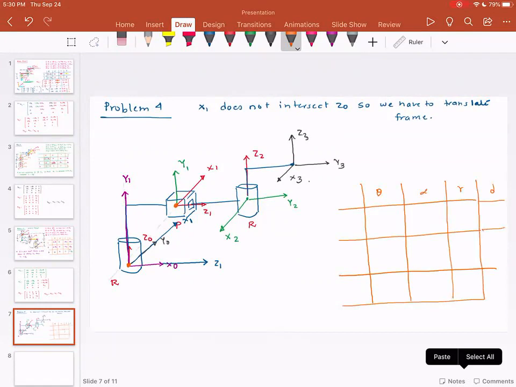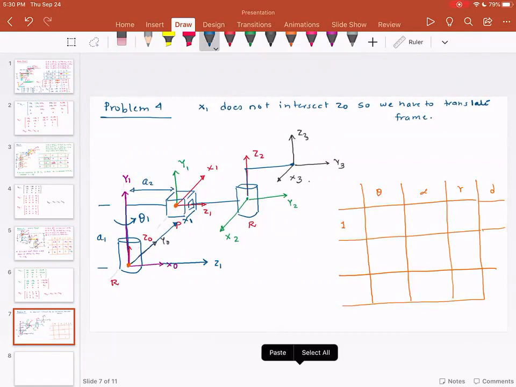Now here, let's start from the beginning. So first, the rotation joint is theta 1. This distance is A1. This distance is A2. This distance is, I'm going to call D2. This distance is A3.